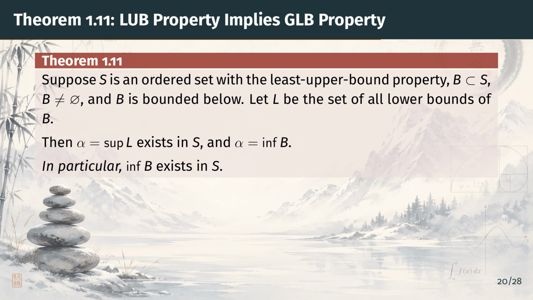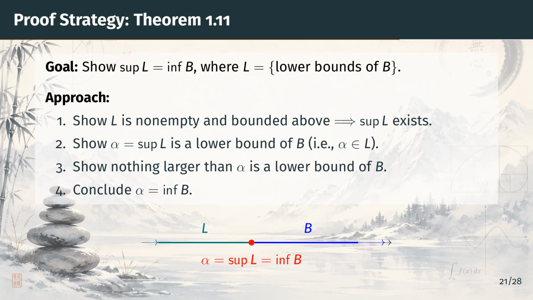Let's see why. Before we dive into the formal proof, let's understand the strategy. We have the set B, which is bounded below, and L, the set of all lower bounds of B. The picture shows L to the left and B to the right, with alpha at the boundary.